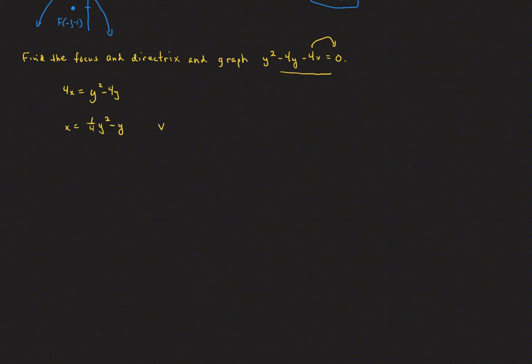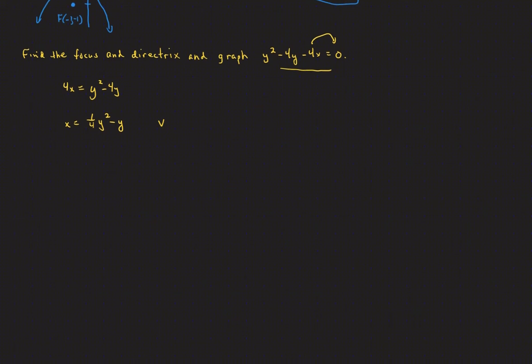We can find the vertex. Now here, because it's an x equals y squared, we're going to have y equals negative b over 2a instead of x equals negative b over 2a. So our b is going to be the coefficient of the y term.